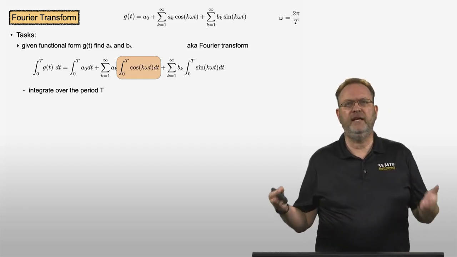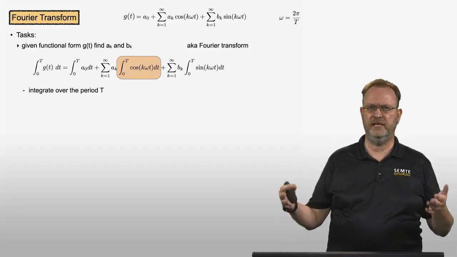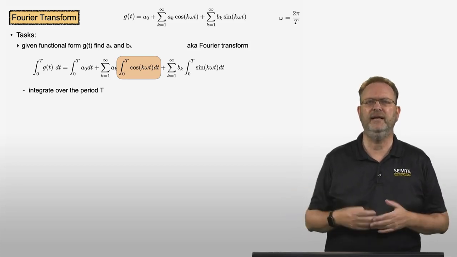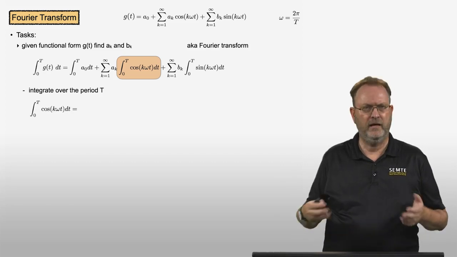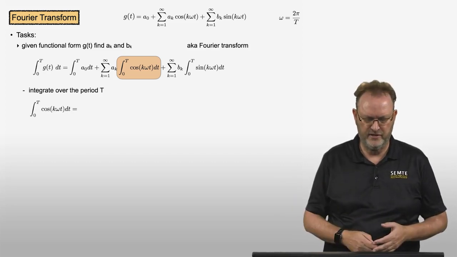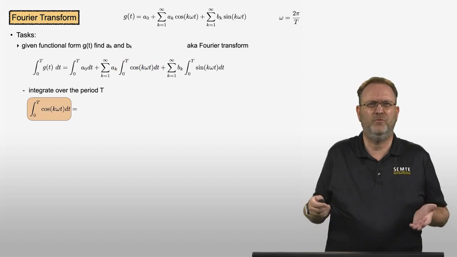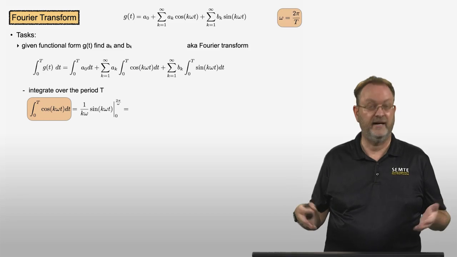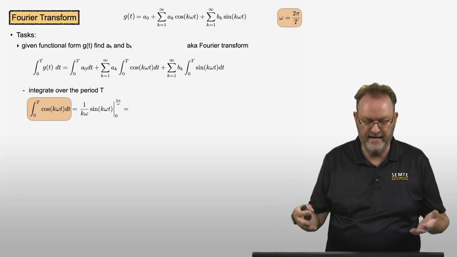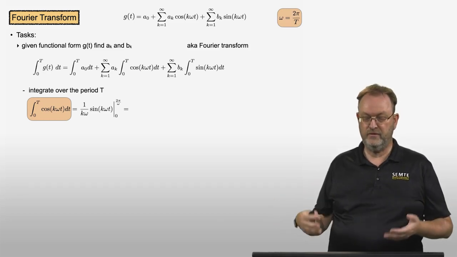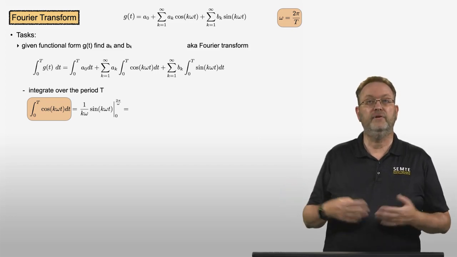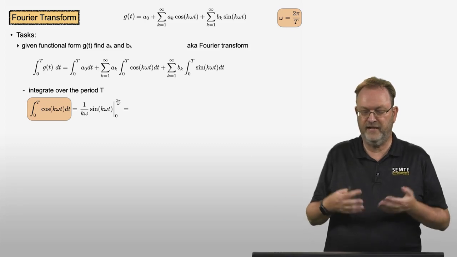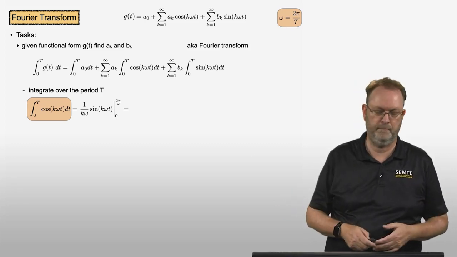Okay then. So here I have the integral from 0 to T of the cosine of k omega t dt. And k is an integer number, a positive integer number. So now, what is this integral? If I'm integrating the cosine, I get 1 over k omega times the sine of k omega t from 0 to T. But with the definition of the fundamental angular frequency, omega, I find that T is equal to 2 pi over omega.